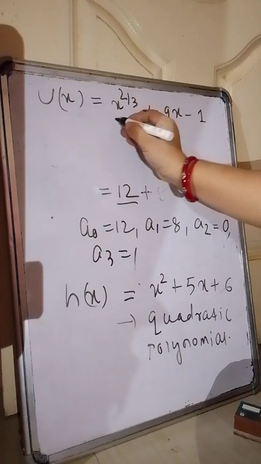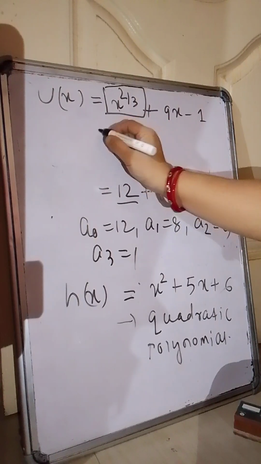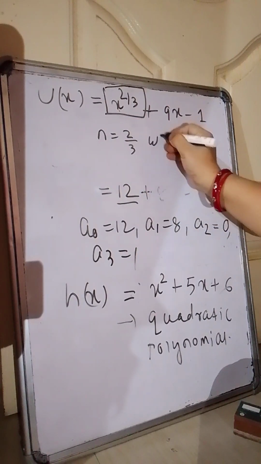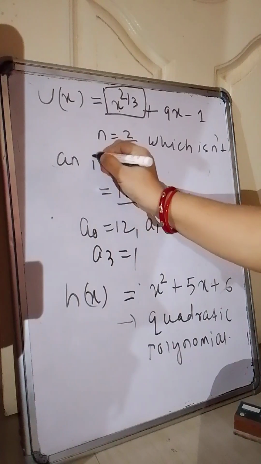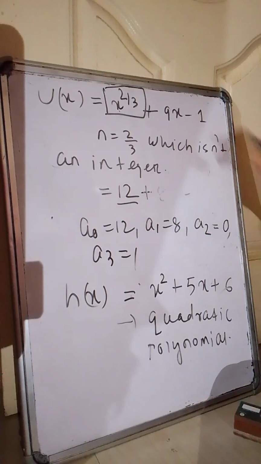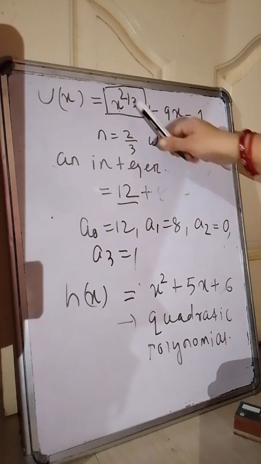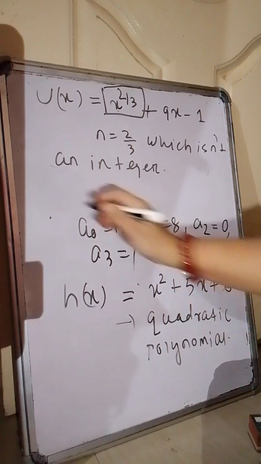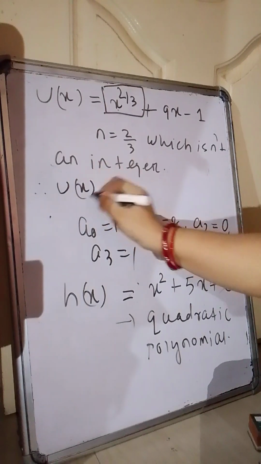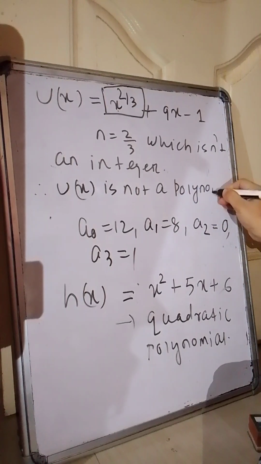Because in this term the power of x is 2 by 3, so n equals 2 by 3, which is not an integer. In the polynomial definition we discussed that the degree of the polynomial is a non-negative integer. Therefore u of x is not a polynomial.